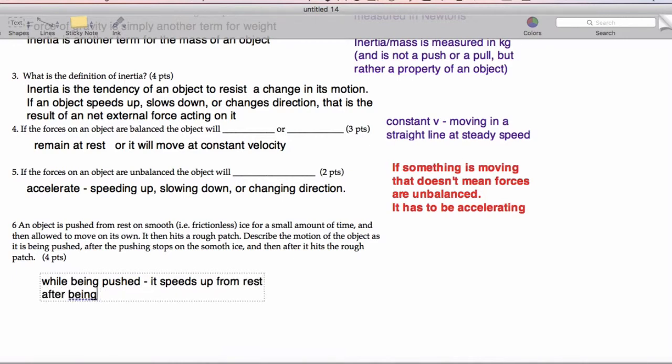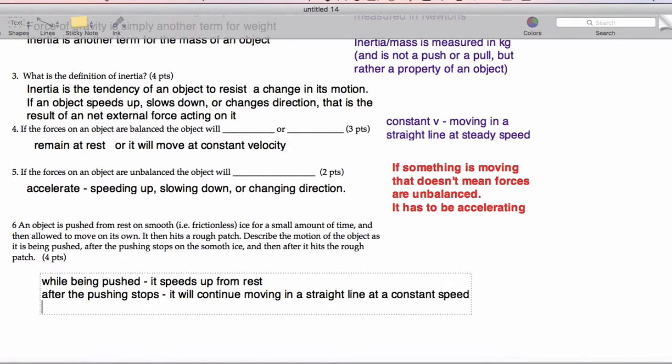After the pushing stops, now we are dealing with an object that is moving, so it resists any change in its motion since it's already moving. It will continue moving in a straight line at a constant speed, and then after hitting the rough patch, it will slow down to a stop.